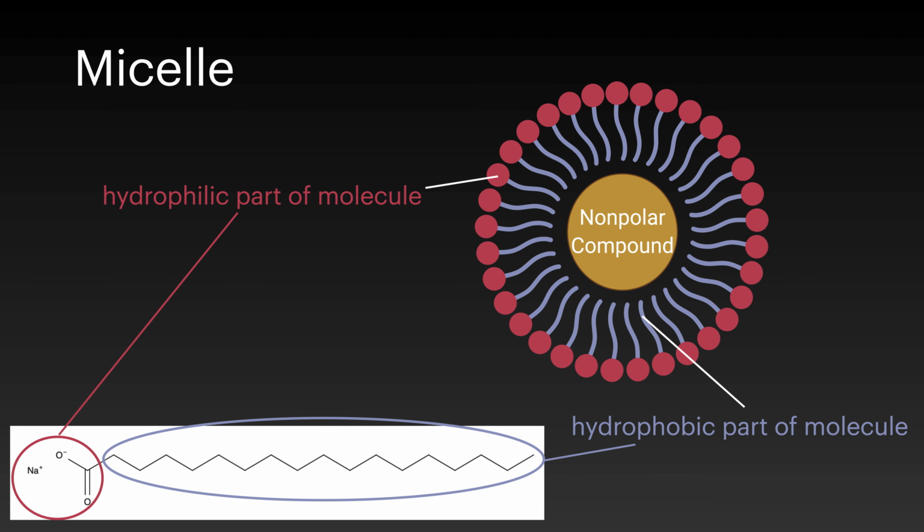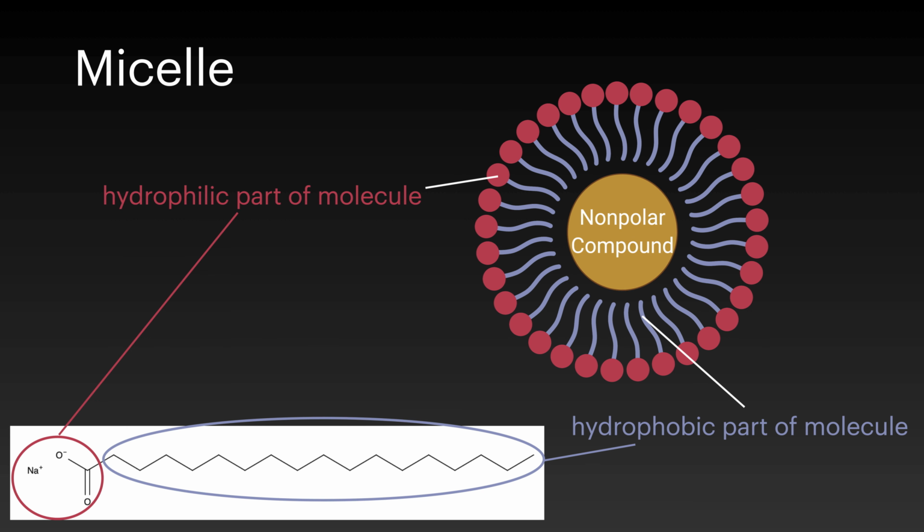These molecules can interact with the water on one side, but they can also interact with the hydrophobic molecules like oil that might be in that water. They surround the hydrophobic things and form what's called a micelle around them. This is a diagram showing you a cross-section of a micelle. The micelle would actually be a sphere so that the nonpolar compound, such as oil, shown here in the center, is completely surrounded by the hydrophobic tails of this molecule.